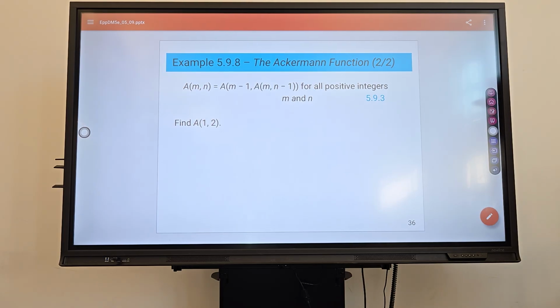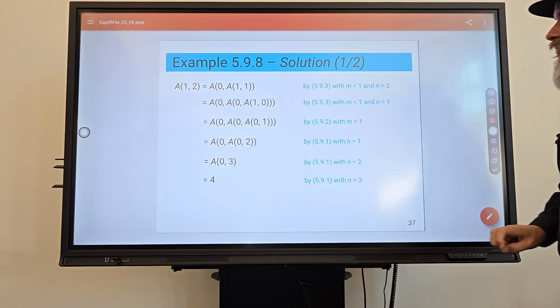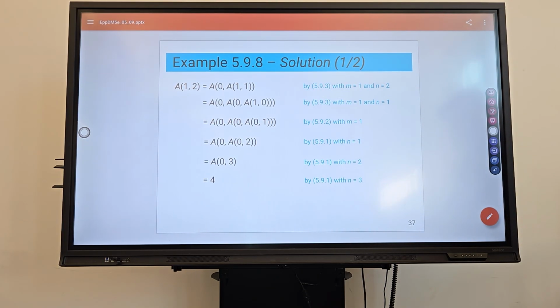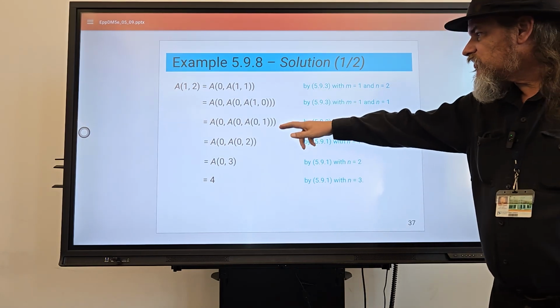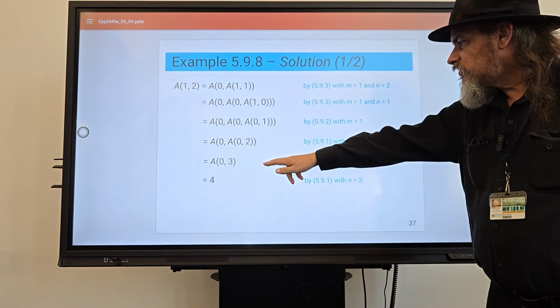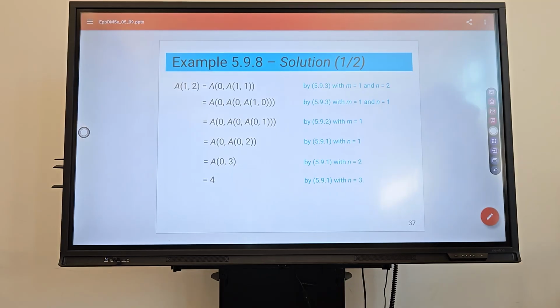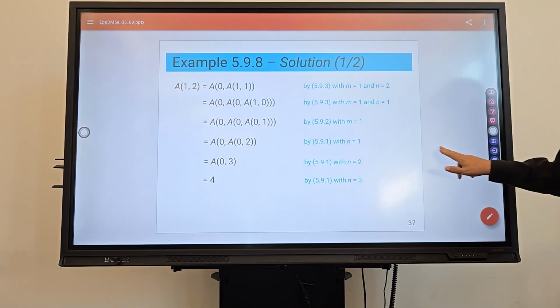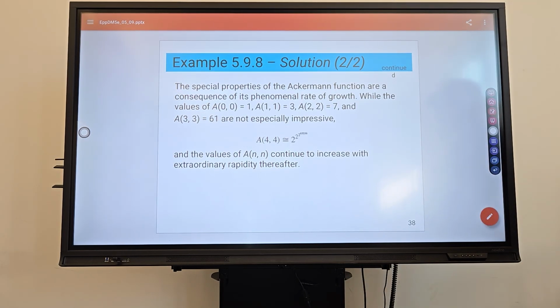So find A of 1 and 2. Now, by substitution and expansion from the definitions, you get 4. The special properties of the Ackermann function are a consequence of its phenomenal growth rate.